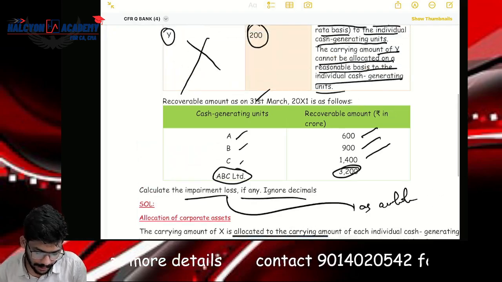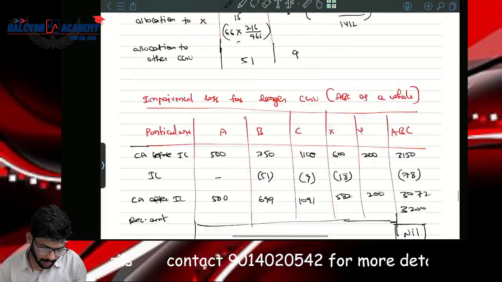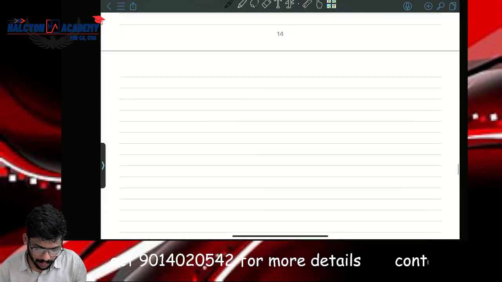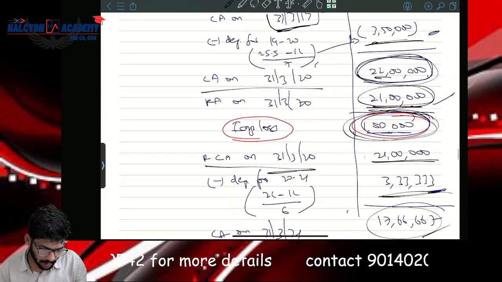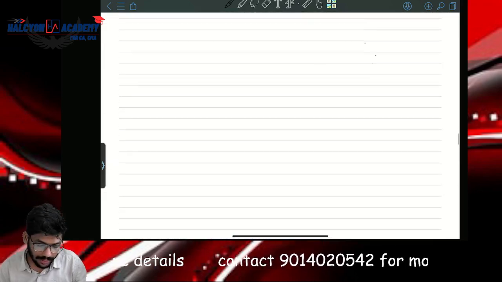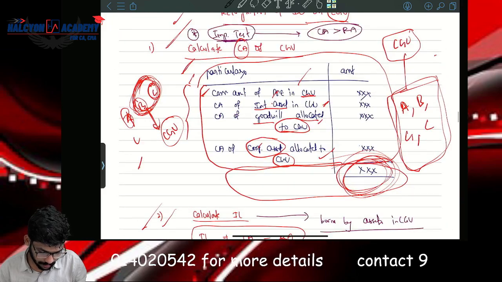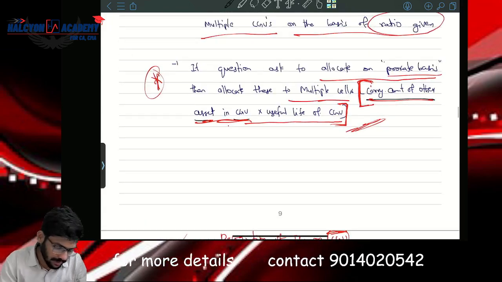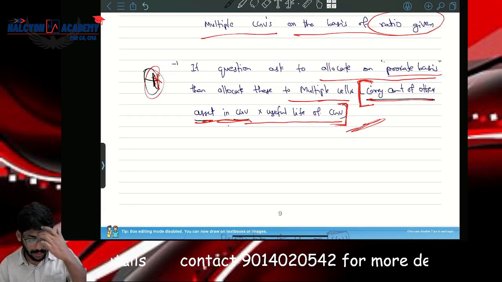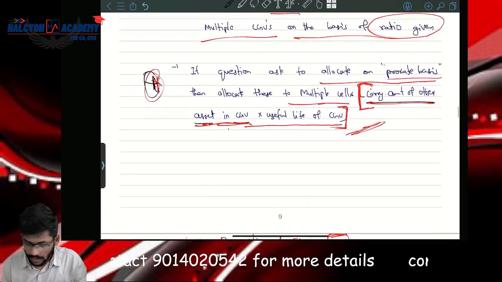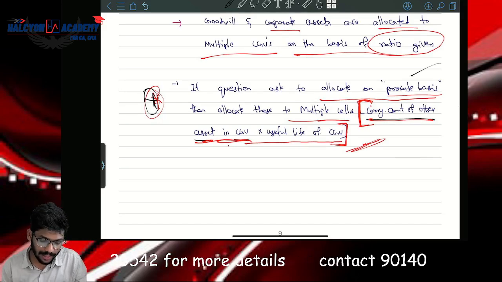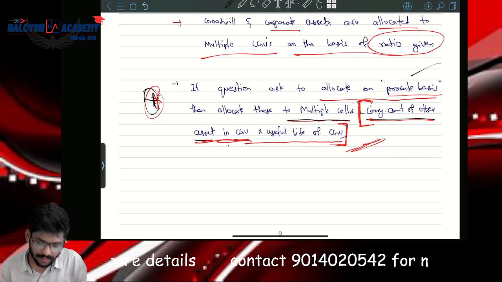Clear? So come to the theory. I ignored one point. I said that I will discuss it later, so please go to the theory notes. This point is very important. If the question asks to allocate on a pro rata basis, then allocate to these multiple CGUs.